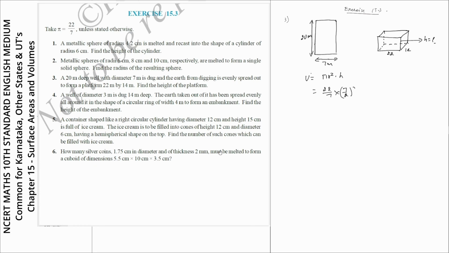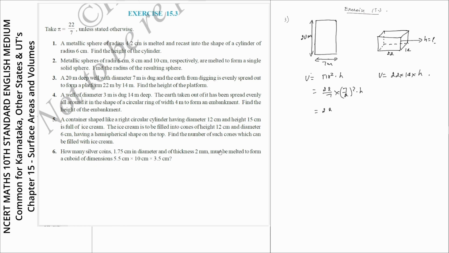So 7 by 2 the whole squared into h. Now what is the volume of this cuboid? It is length into breadth into height. Now equate these two.